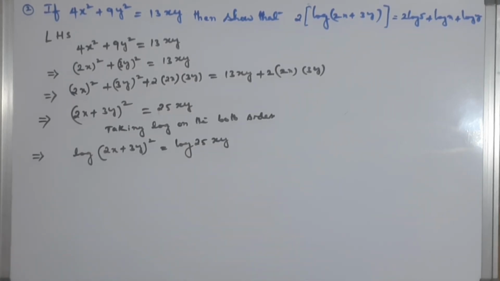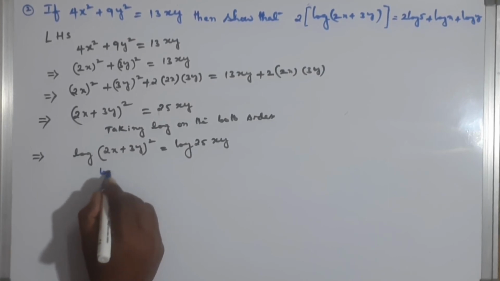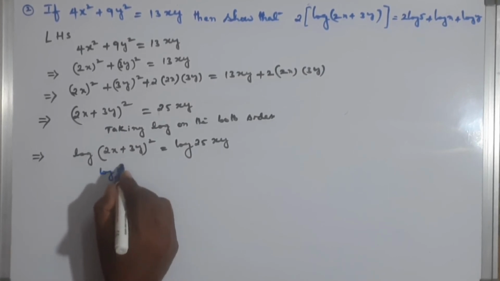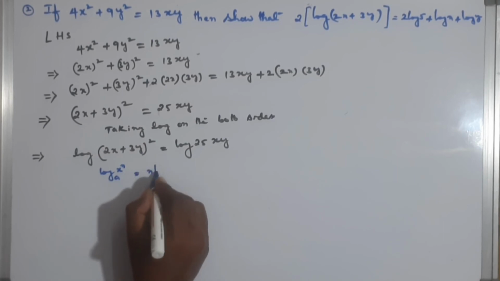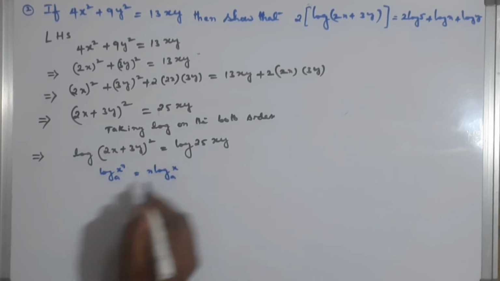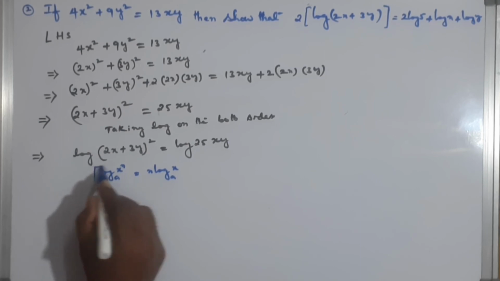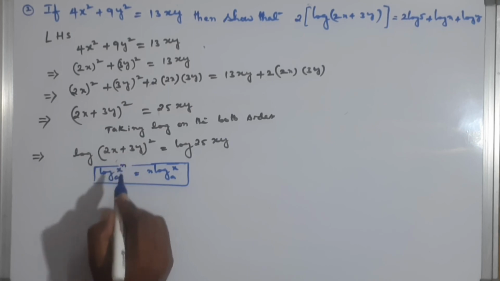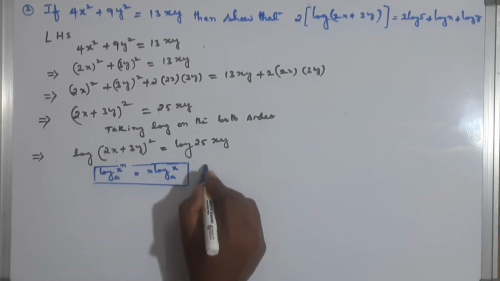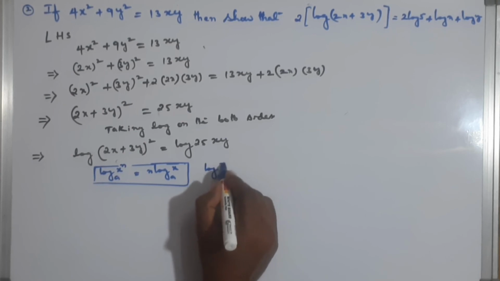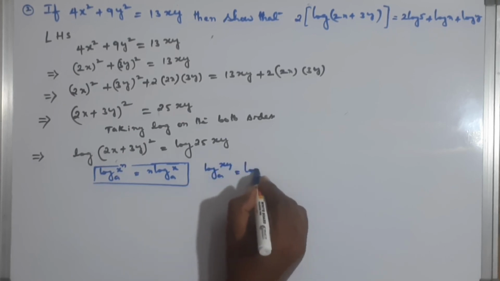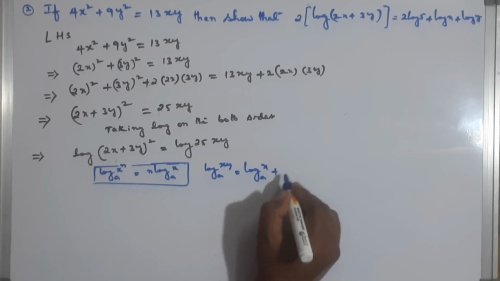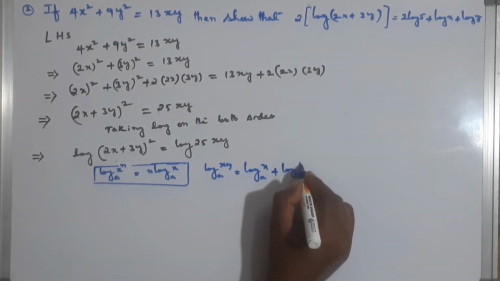Now using two formulas again, which are similar to the previous. What is the first formula? Log base a to x to the power of n equals n of log base a to x. First formula. Second formula is log base a to x into y can be written as log base a to x plus log base a to y.